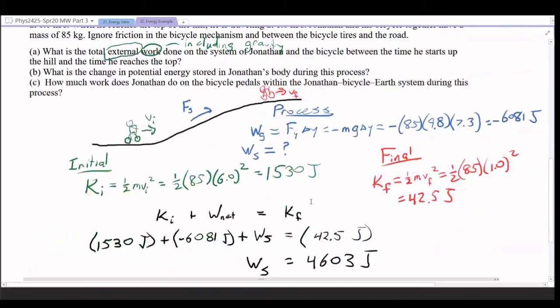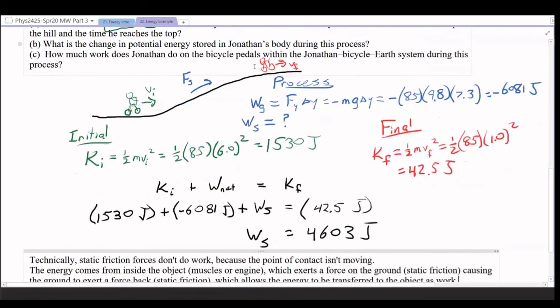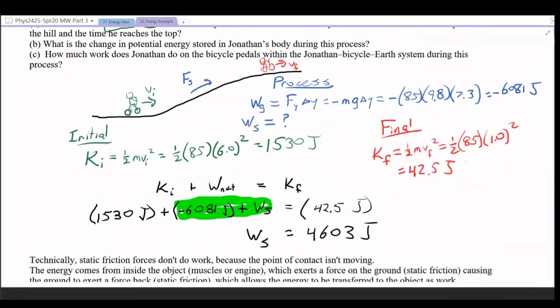So what is the total external work done on the system between the time he starts at the bottom and the time he reaches the top? Well, that would be this part. So total WEXT would be both of those together.